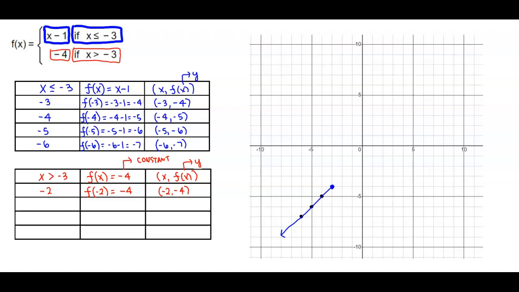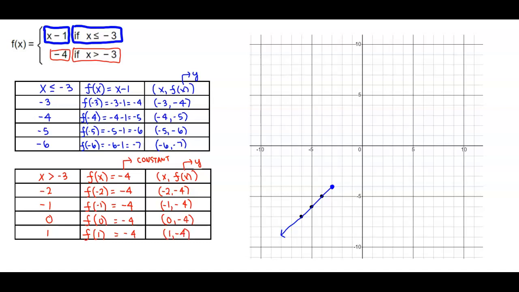The next is negative 1: f of negative 1 is always going to remain negative 4, so we have negative 1, negative 4. If we pick 0, f of 0 again equals negative 4, so the ordered pair is 0, negative 4. And if we use 1, f of 1 has the same output, negative 4, so we have 1, negative 4.